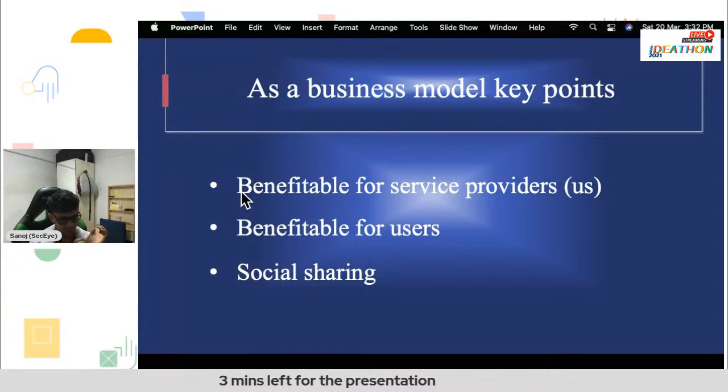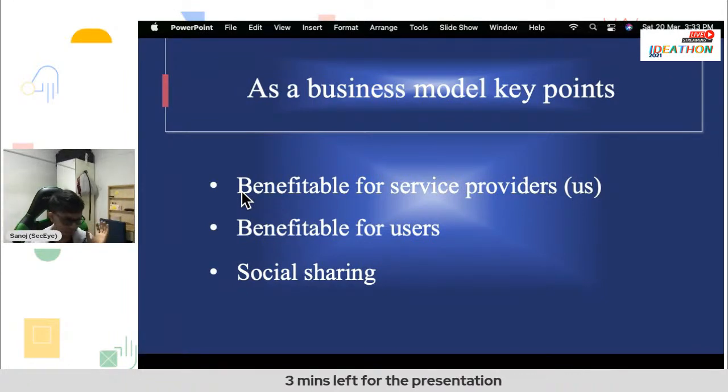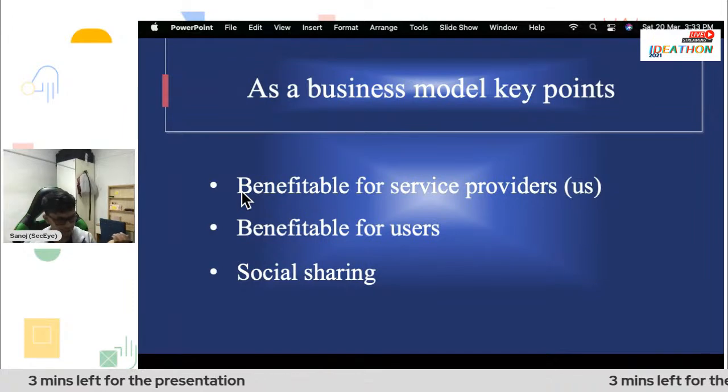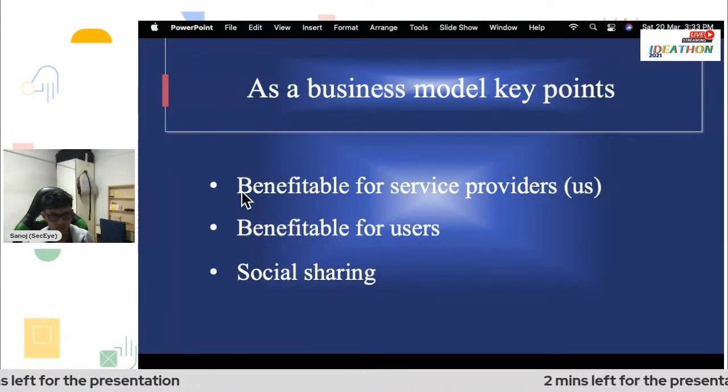Social sharing is a key point here, because we are using a technique of sharing their ideas, because of the cyber field. There are a lot of exploits out there. You can say every day there are a lot of hacks going on.